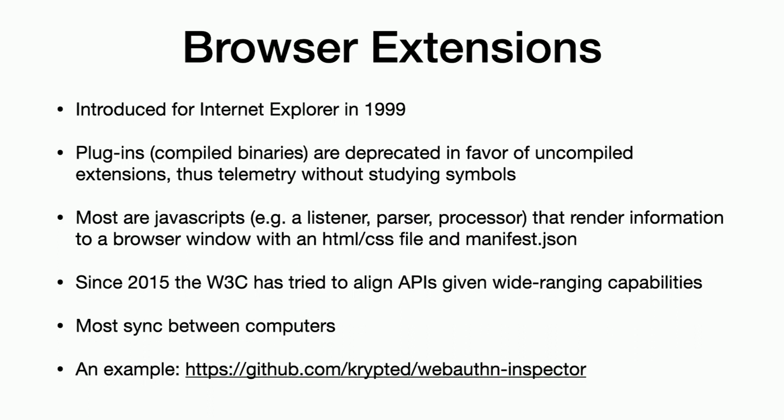And this is why ECMA, or whoever governs JavaScript, lobbied to have the W3C standardize browser extensions as JavaScript. Most sync between computers; what I mean is they're not totally reusable, but in general, the browser extension that I write for Firefox can mostly be used in Chrome as well, or Edge, or vice versa.